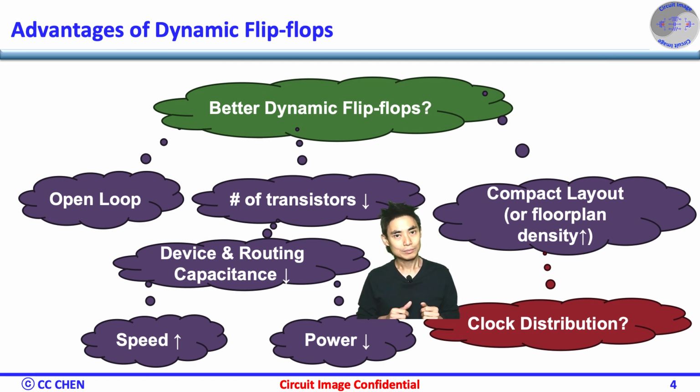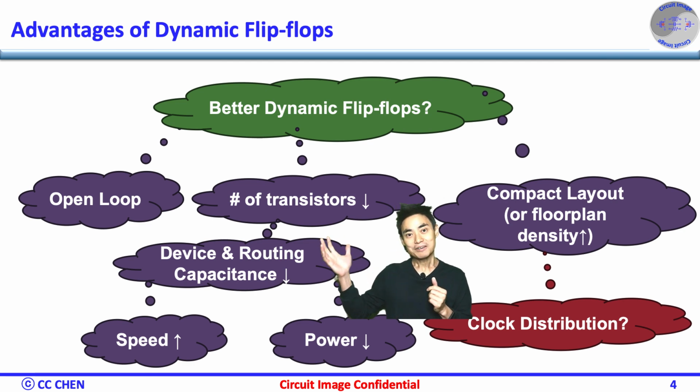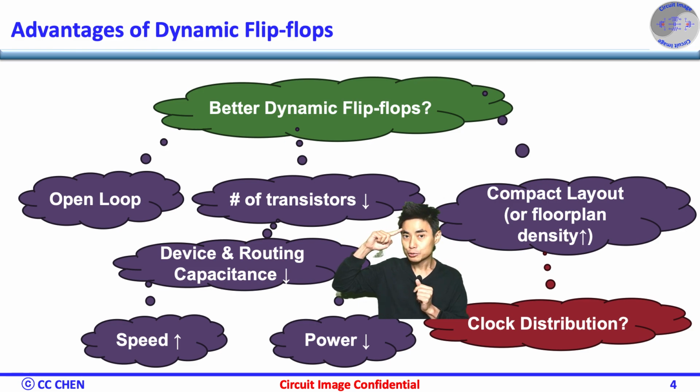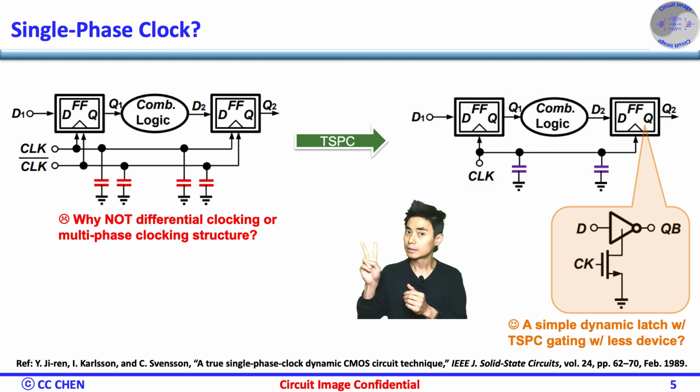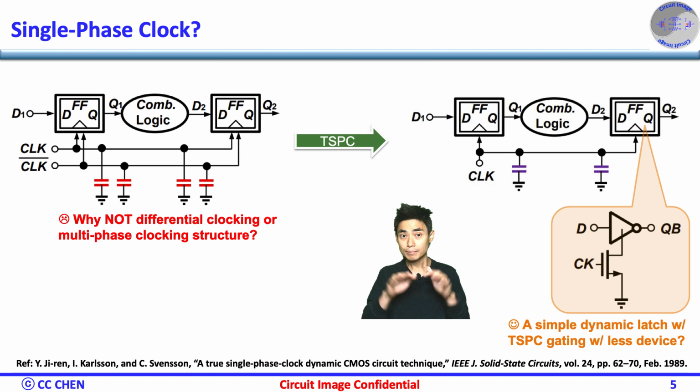To be clear, do you have any idea to come up with the requirements for dynamic flops? Think about the clock distribution image for 5 seconds. Bingo! To make the layout more compact, especially the clock distribution, we must apply a single-phase clock instead of the differential clocking or even multi-phase clocking structure.